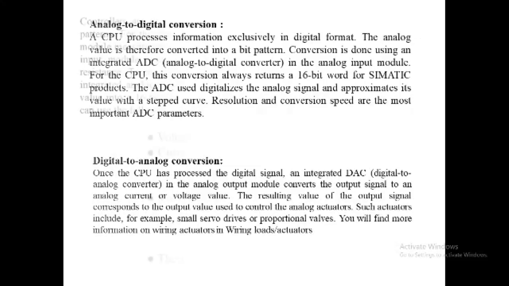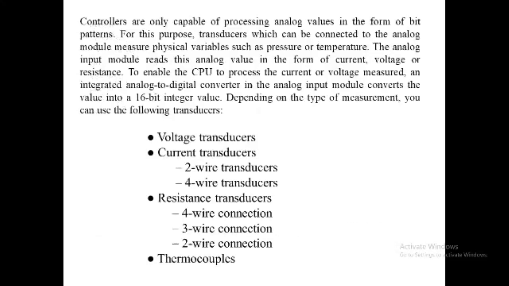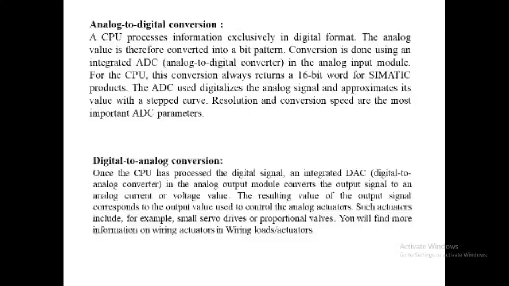So before that, let us consider the temperature or error signals. Analog to digital conversion is needed because the CPU processes information exclusively in a digital format, and the analog value is therefore converted into a bit pattern. The conversion is done using an integrated circuit, that is the ADC, in the analog input module.